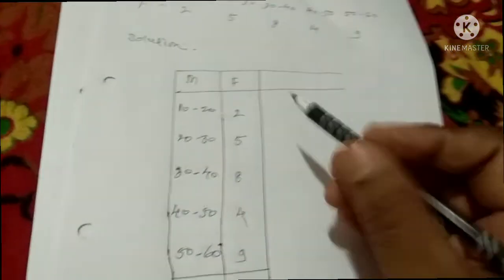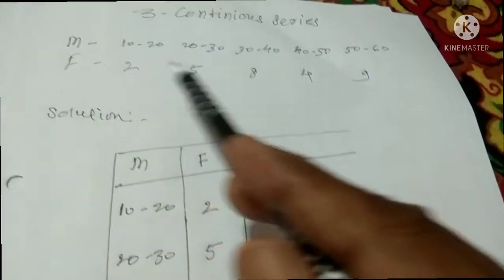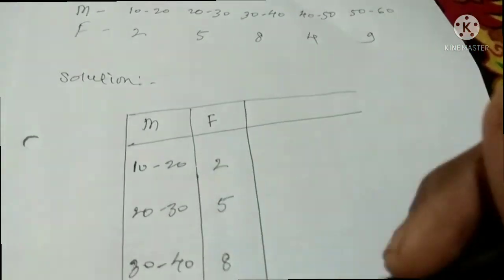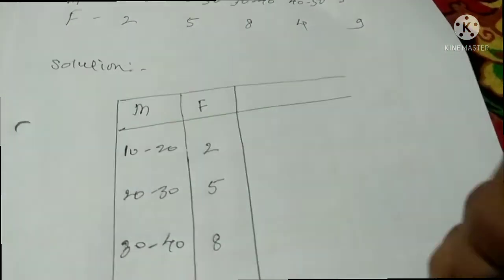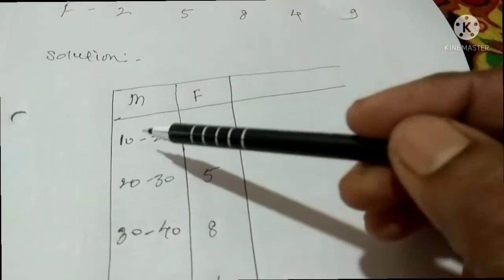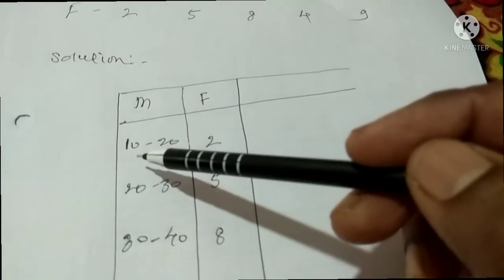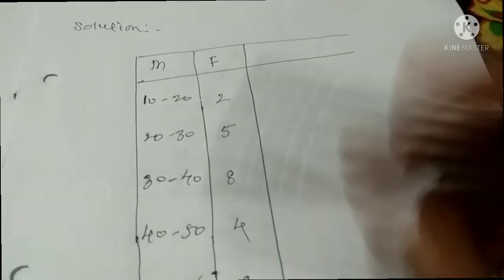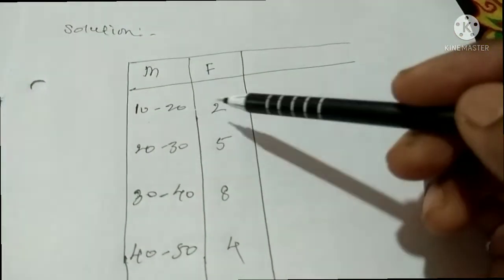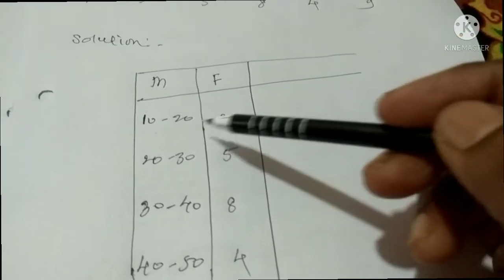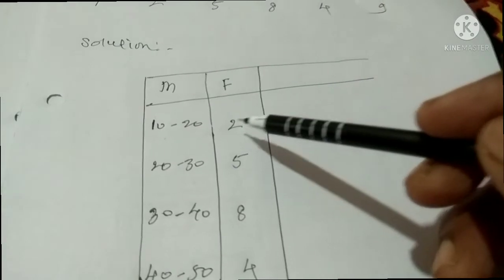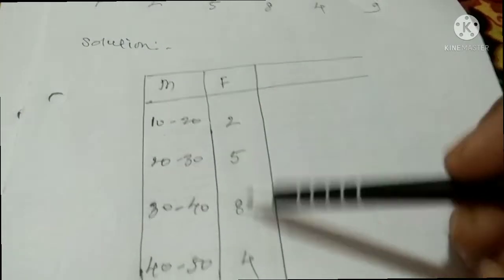So look here, these both series we have put in this table. The first column is the M series column, and the second is the F series column. So it's called group 10 to 20, 20 to 30, 30 to 40, like this. And we have written the frequency of each group beside it. So 2, 5, 8, like this.